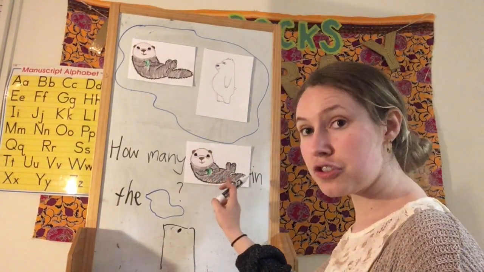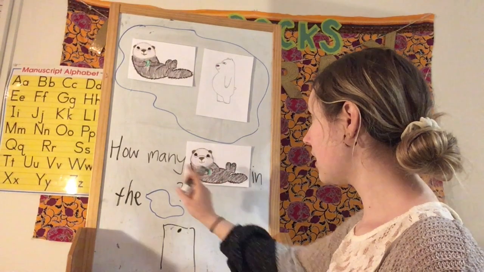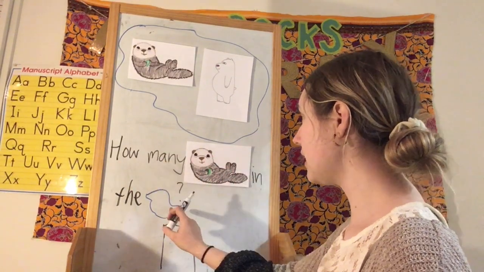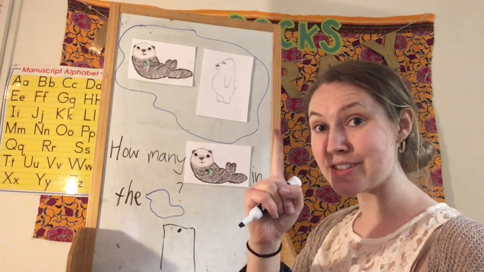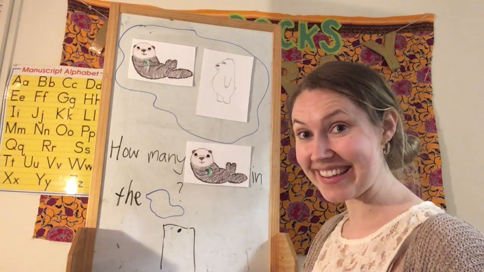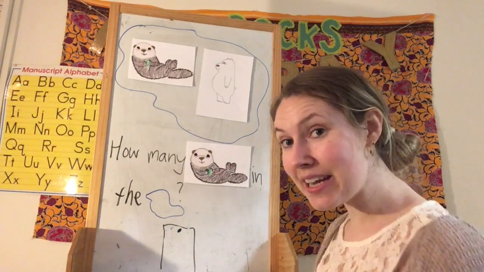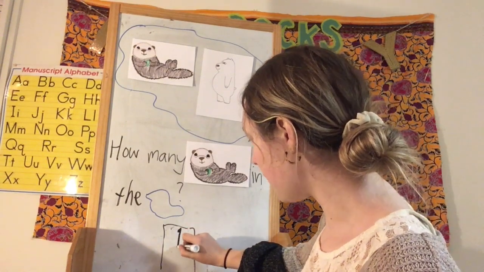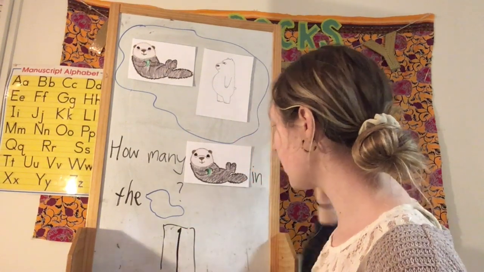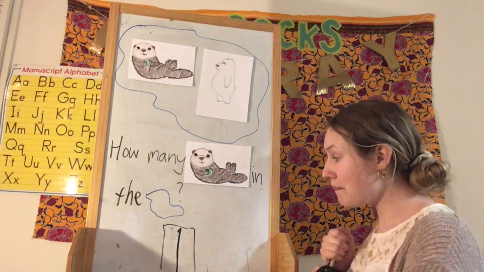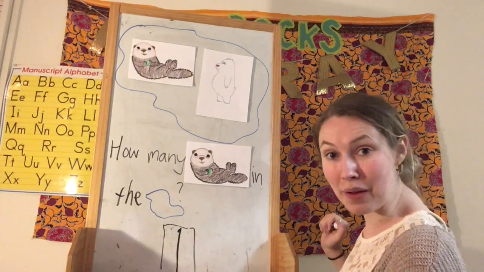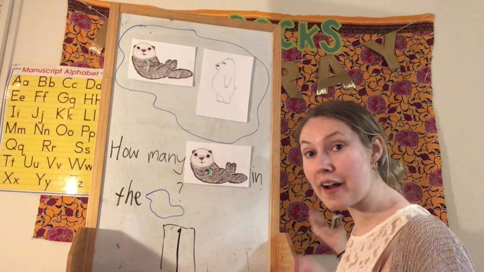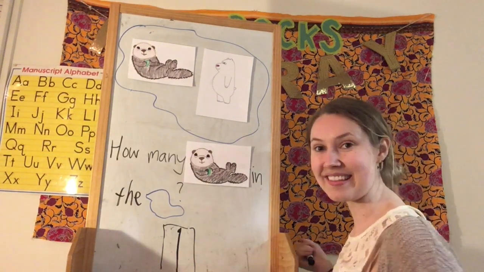Now, the answer to our question, remember how many otters in the lake, was 1. So I'm going to be writing a 1. So a 1 is just a line down from the top to the bottom. So now I've done my number 1 here, and we answered our how many question because we wrote the answer.